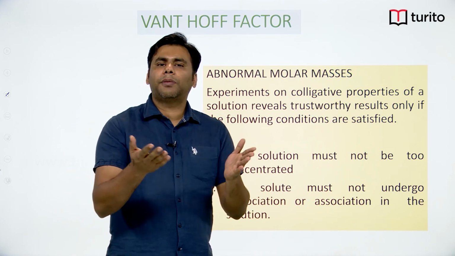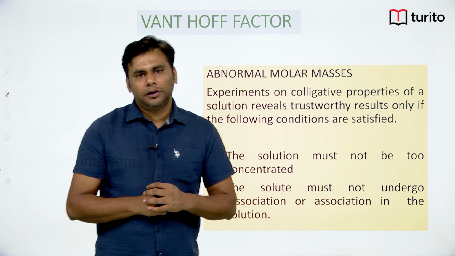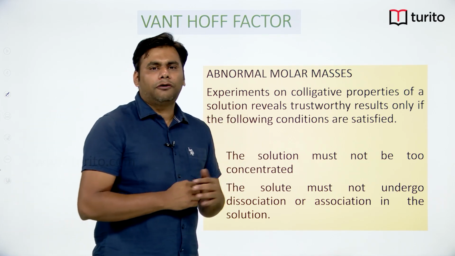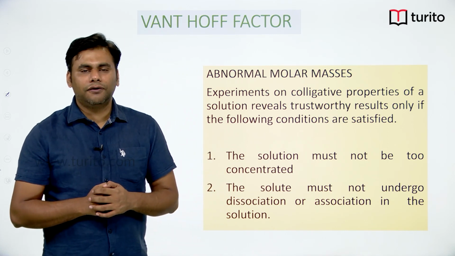If the number of particles is more, the colligative property observed would be more, right? So we talked about four basic colligative properties. The first one was relative lowering in vapor pressure.